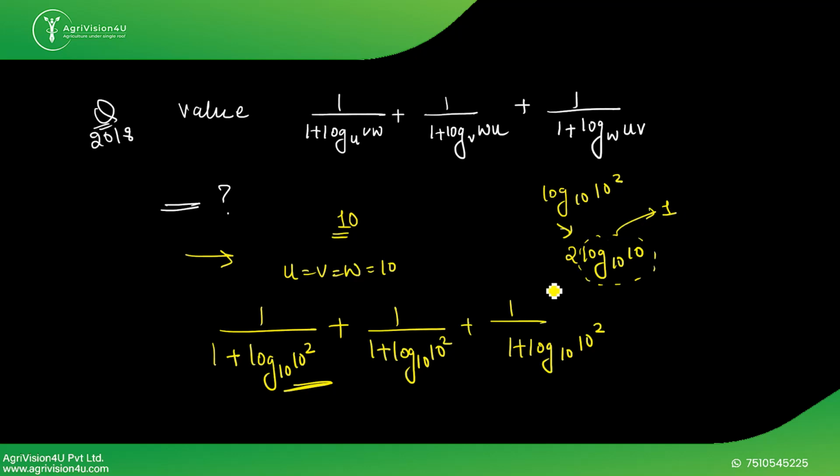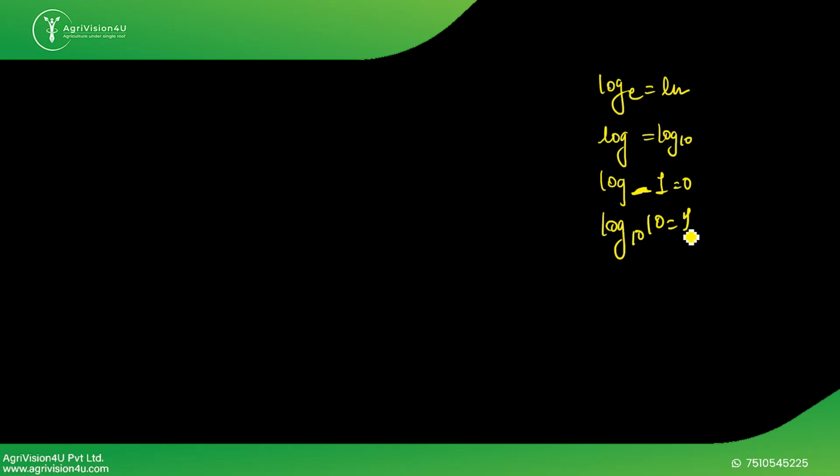I am telling you, those who are new to this, you have to only remember these things. Log base e is ln. Log normal is by default log 10. Log of 1 to any base is 0. Log base 10, 10 is equal to 1.